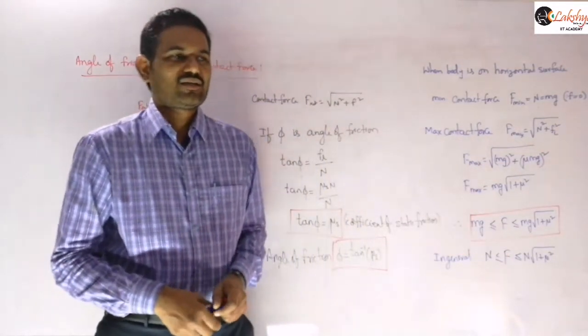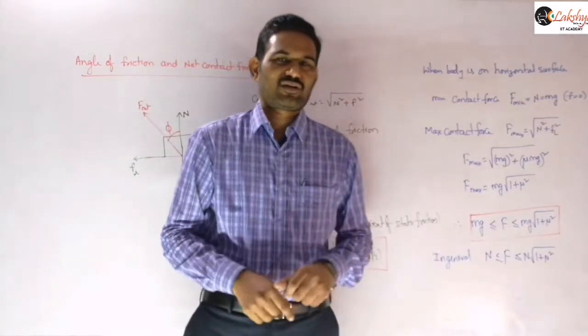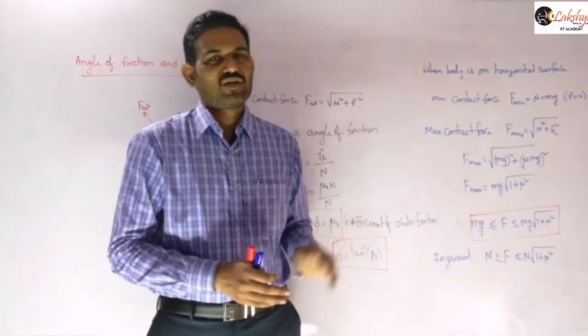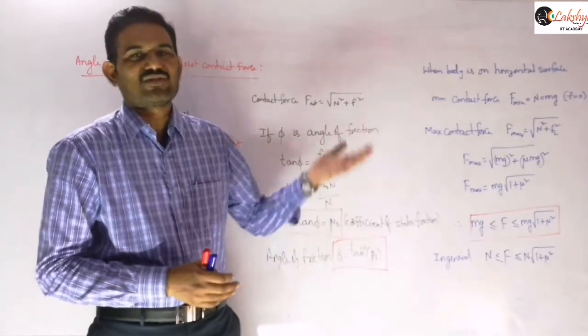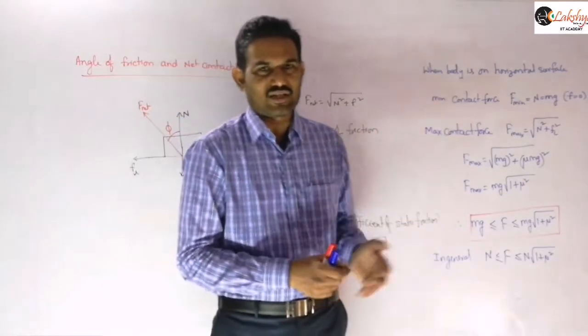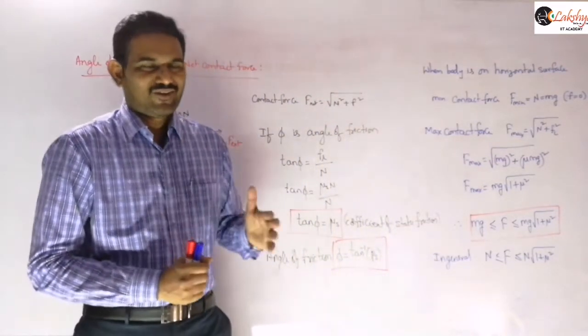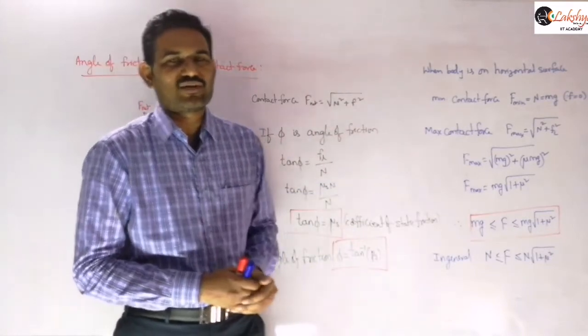And here the major mistake most students make is regarding the normal reaction. The normal reaction is not always equal to mg when it is placed on the horizontal surface; only when the surface is not accelerating in any vertical direction will the normal reaction value be equal to mg. If any acceleration is there in the vertical direction, we need to consider m of g effective, which we did.